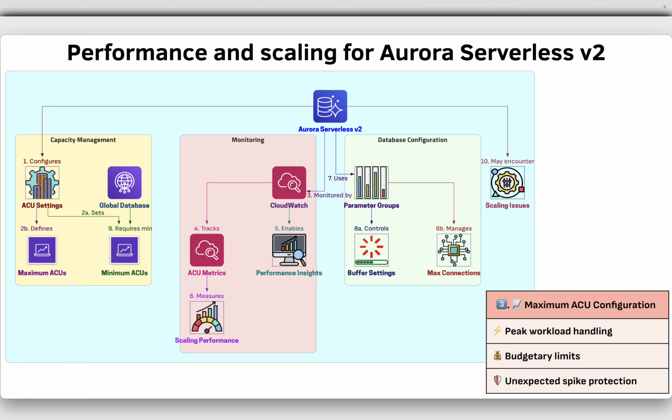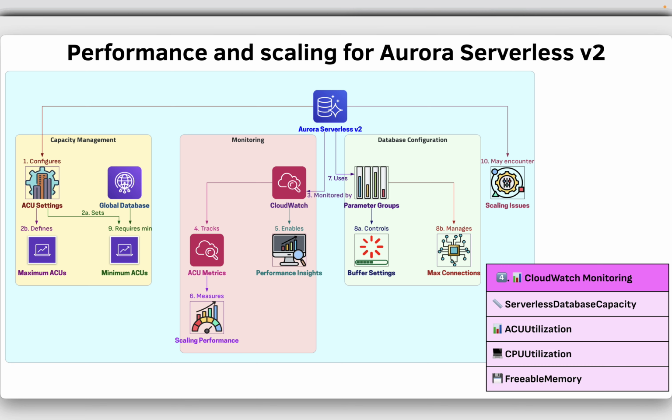Maximum ACU settings should account for peak workload requirements, budgetary constraints, and the need to handle unexpected spikes, with values typically aligned with equivalent provisioned instance memory sizes. CloudWatch metrics like serverless database capacity, ACU utilization, CPU utilization, and freeable memory are crucial for monitoring scaling behavior and capacity utilization measured every second.